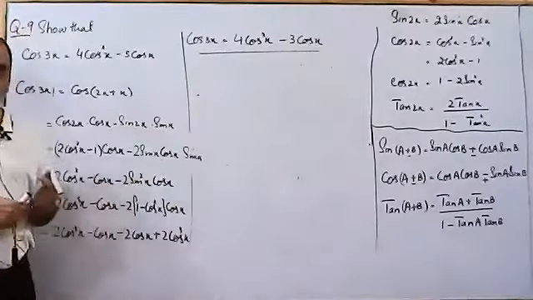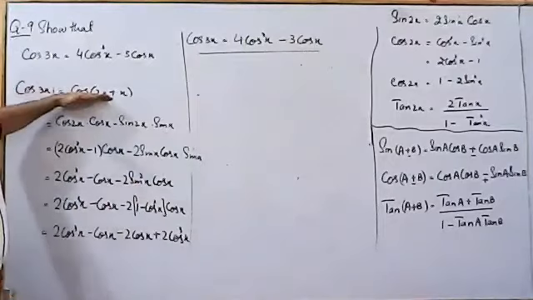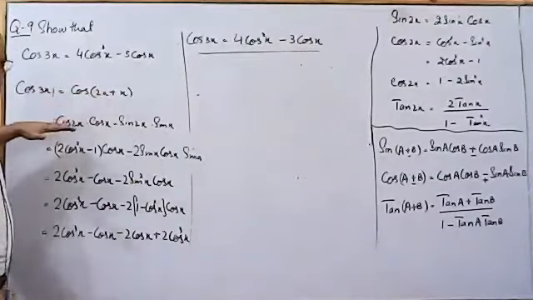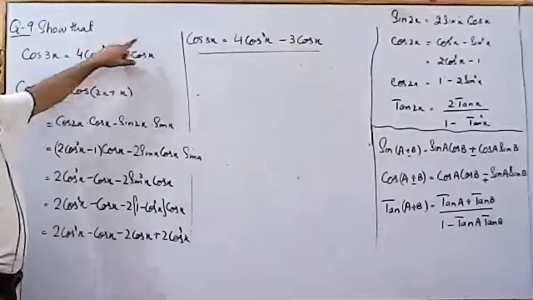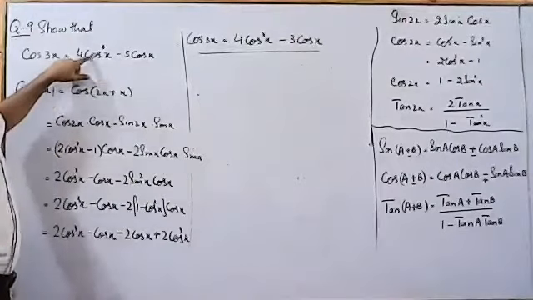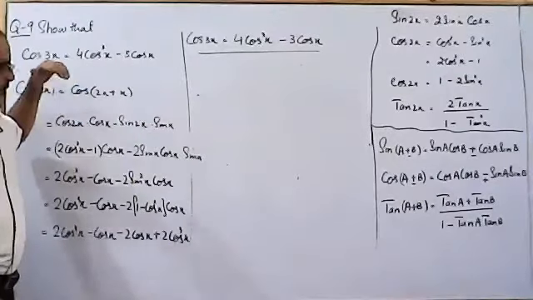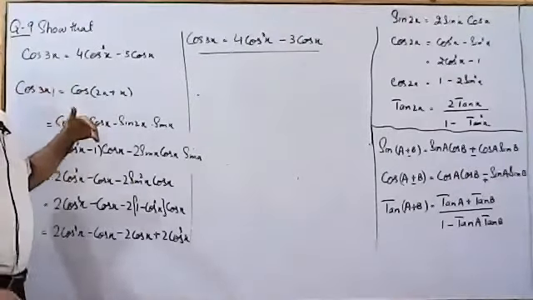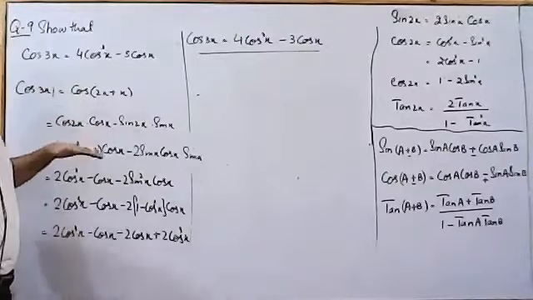So see what I have done. I have used the compound angle formula here. After using the compound angle formula, keep an eye on what is required. The required expression is in terms of cos and the angle is single x. So in a few steps, we have to change 3x into 2x and 2x into single x.